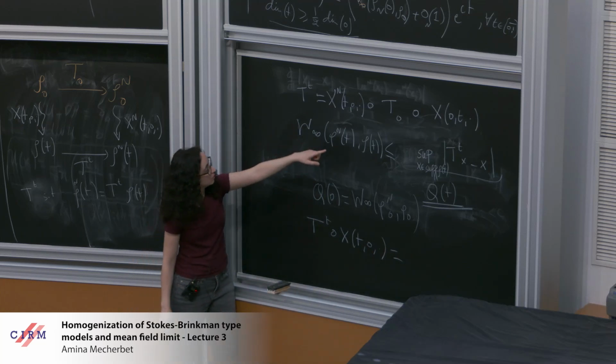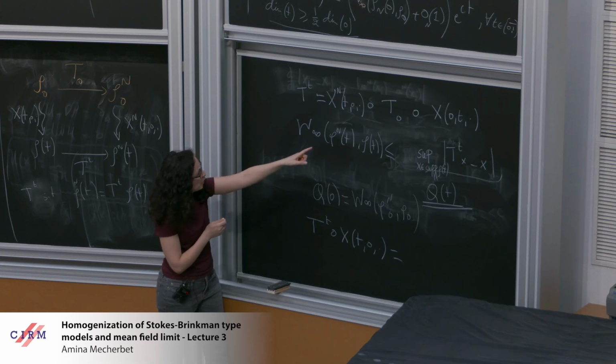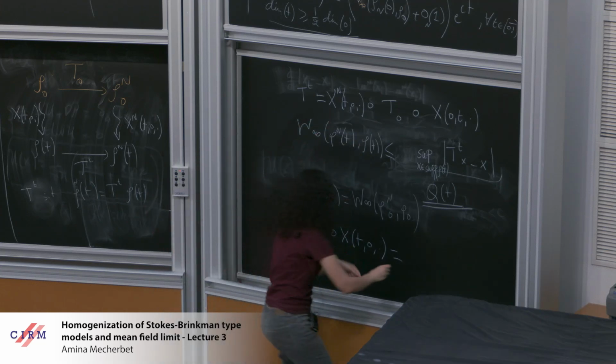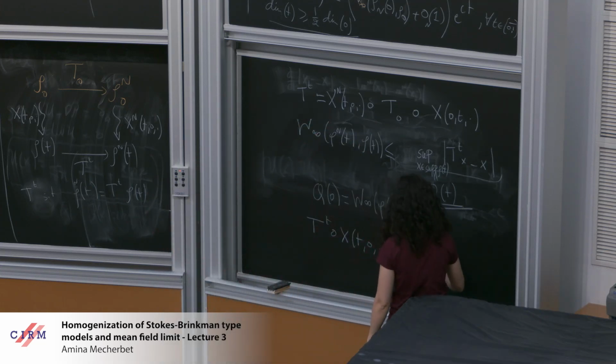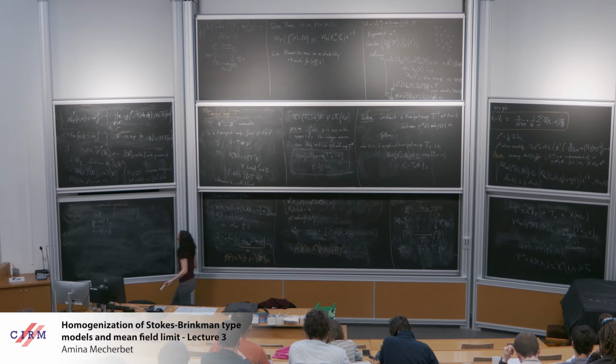If you compose by X t0, what you get is only this one, Xn t0. So if I do this change of variable, I get something which is explicit in terms of the flow.